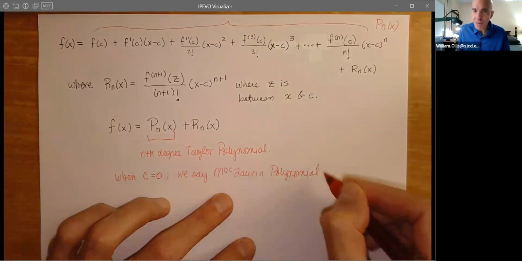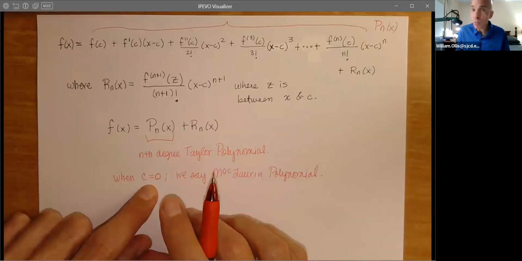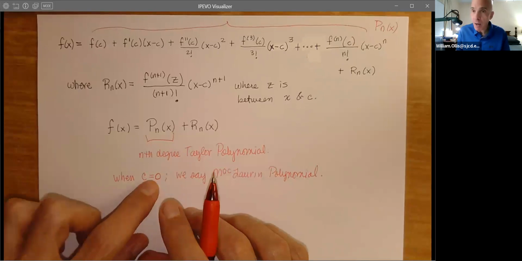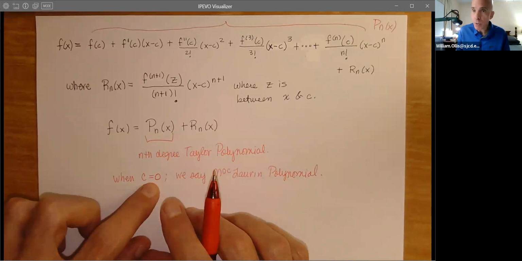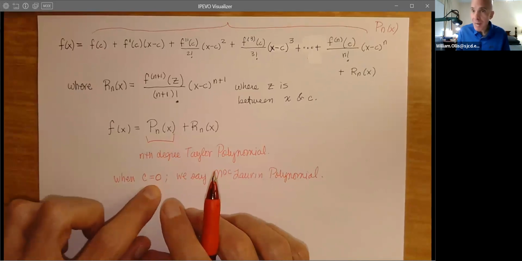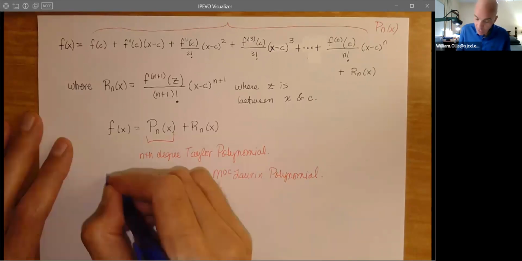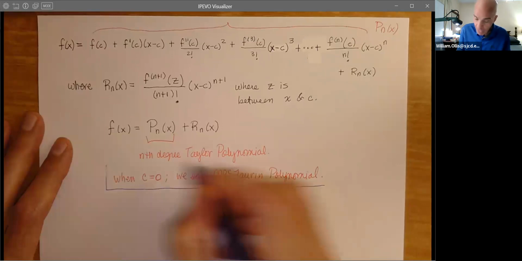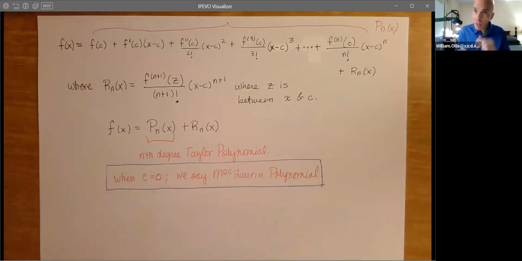So that's just a special name given to the cases where c is 0. We spend a lot of time with polynomials and series developed around c equals 0. That's a very, very useful center or expansion point. This dude actually studied those more, and so his name carries the c equals 0. But they're still all Taylor polynomials. We just distinguish when c is 0, okay?